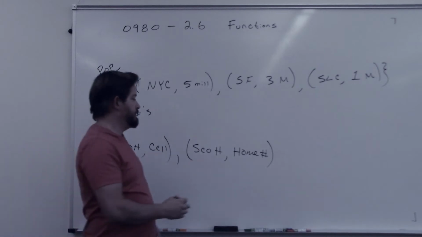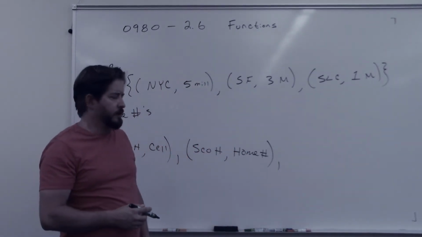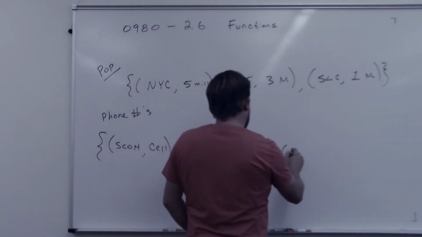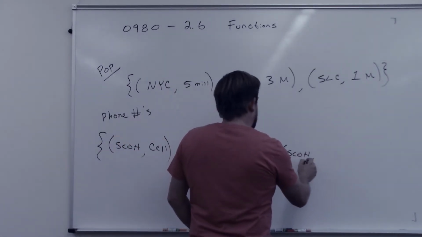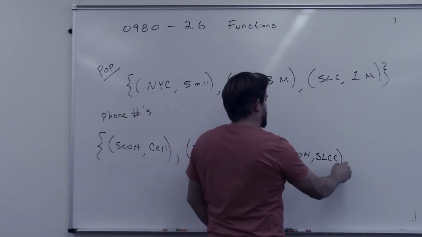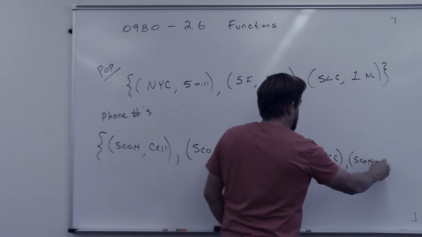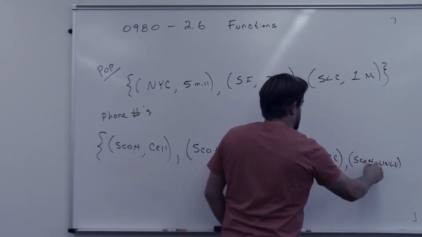Let's say I have an office number. I in fact have 2 of them. I don't know what either of them are, but I have a phone number at SLCC, and I have a phone number at UNLV.